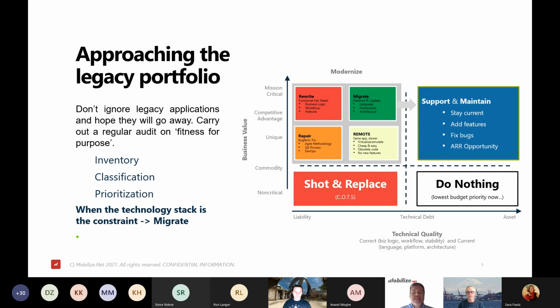Once they're on the new technology stack with the same functionality, you can continue to evolve the application and go back to the cycle that I was showing you at the beginning, where the application is new again on the new technology stack, and you continue to add new value moving forward.